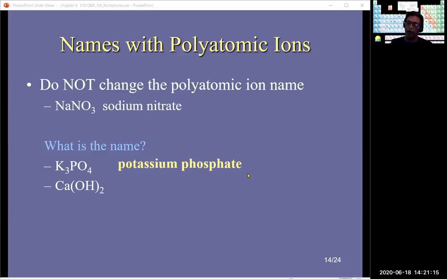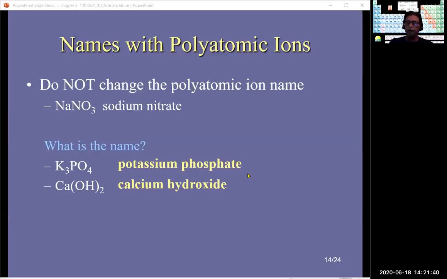Say, hey, I have a polyatomic ion, the OH. So go to your table, find the OH, find its name, and you'll find it to be hydroxide. Now, Ca is simply calcium, so now we have calcium hydroxide. Notice that even though we have 2 hydroxides, we did not say dihydroxide, just simply hydroxide.